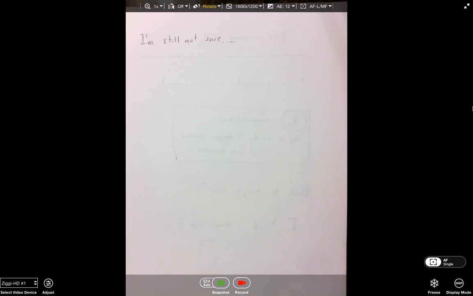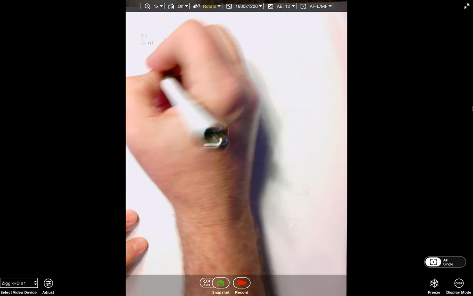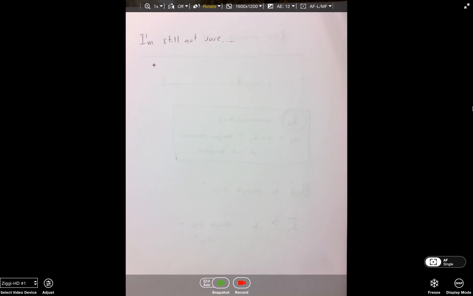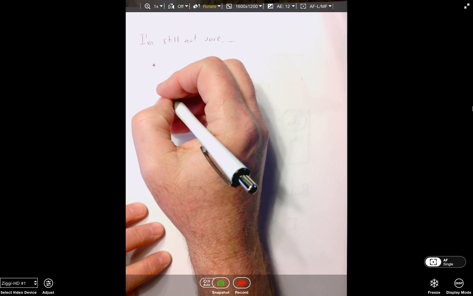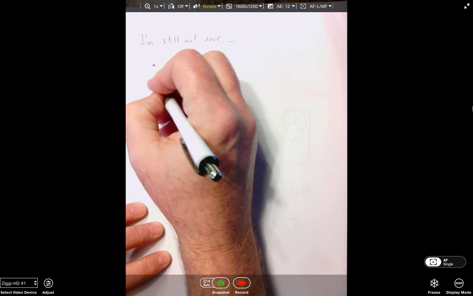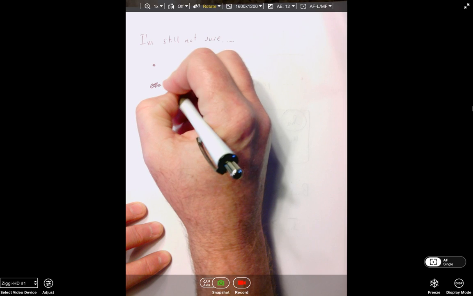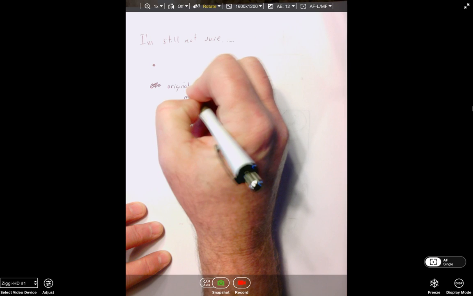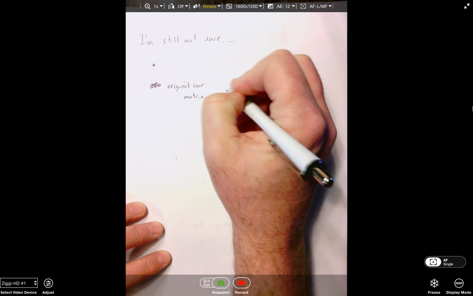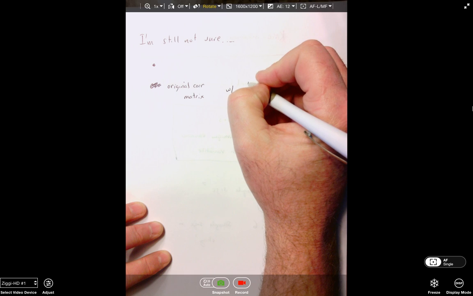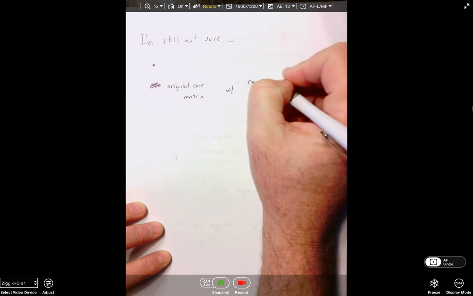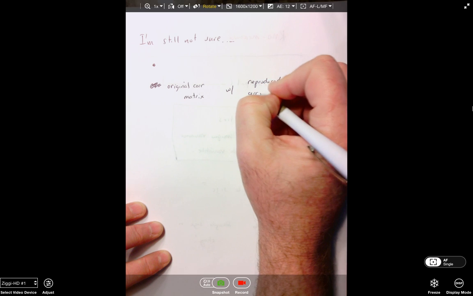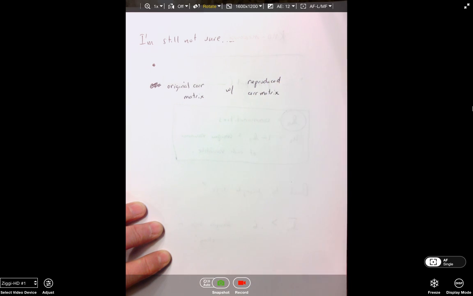Always helps if I put that where you can read it. Okay. So there's one other method that I think will help me out a lot. And what this does is it compares what's called our original correlation matrix with the reproduced correlation matrix.